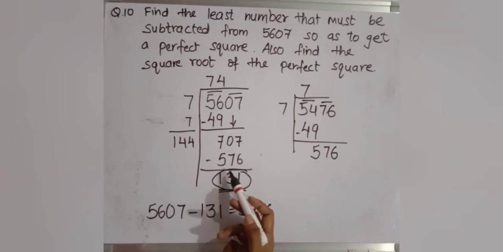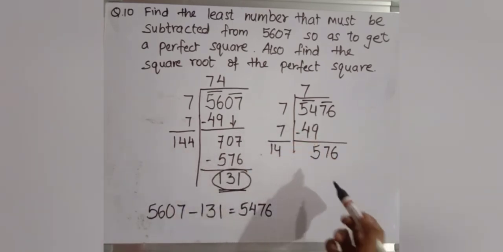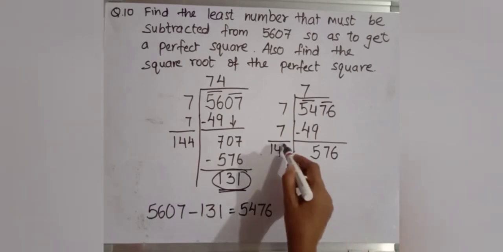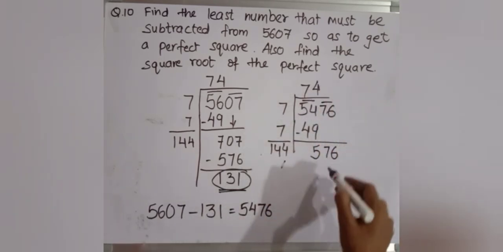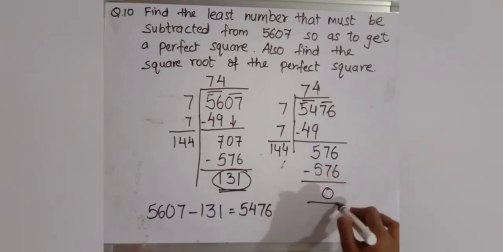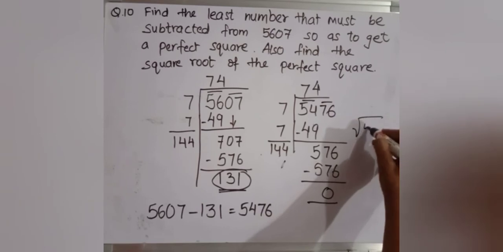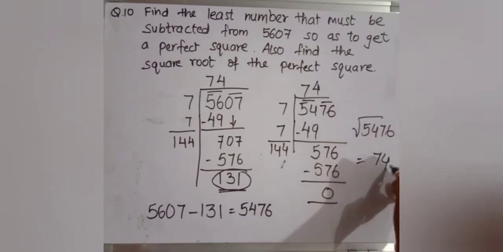Again we have 7, 14, so we have already 576. When we multiply by 4, 4 into 144 is 576, which gives us the remainder 0. So the square root of 5476 is 74.